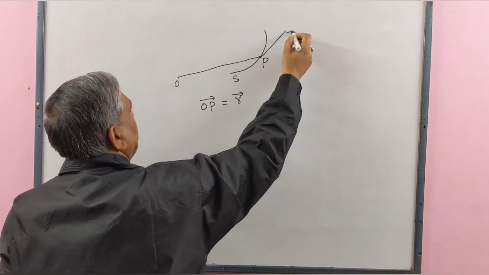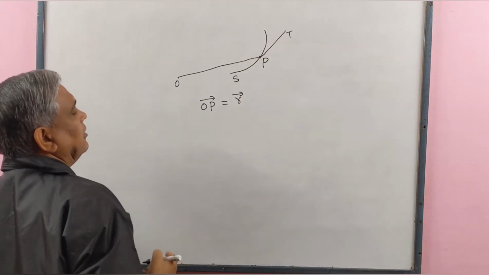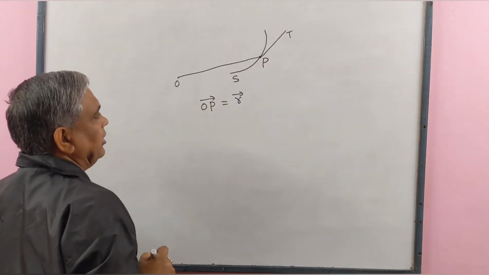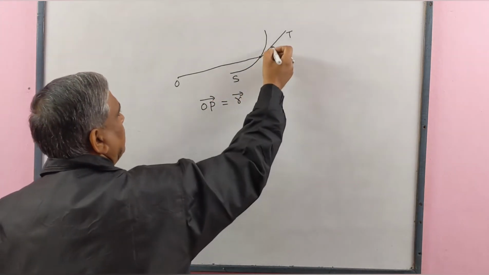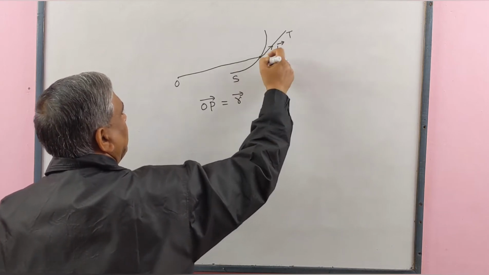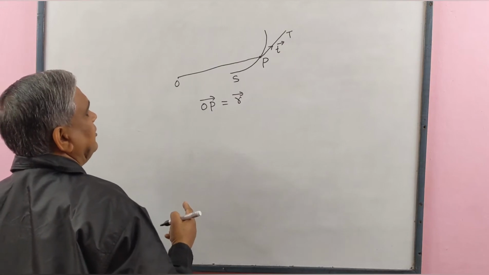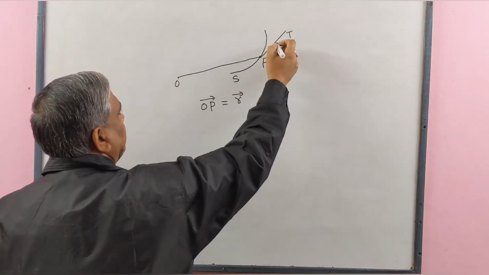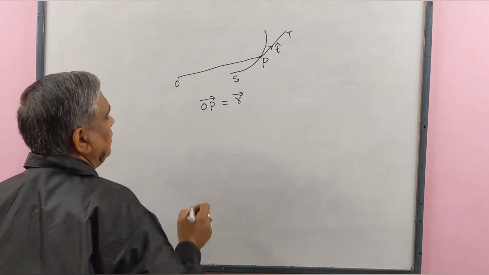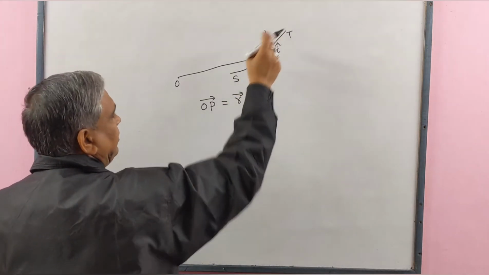Let PT be tangent at the point P. Unit vector along PT, that is along the tangent, is T cap.